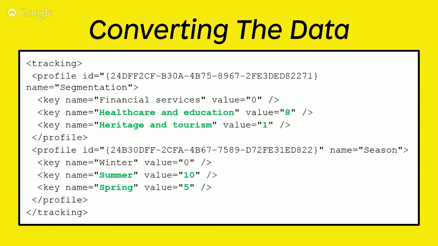The first key in the segmentation profile has not been assigned a value at all. That's the equivalent in our old way of working of saying it's not in the category. On the other side, we could say that healthcare and education and heritage and tourism have both been assigned a value, which means it is in the segmentation category.